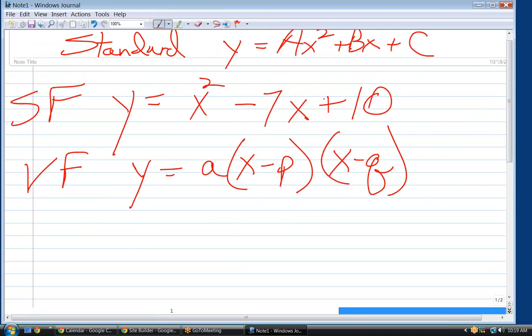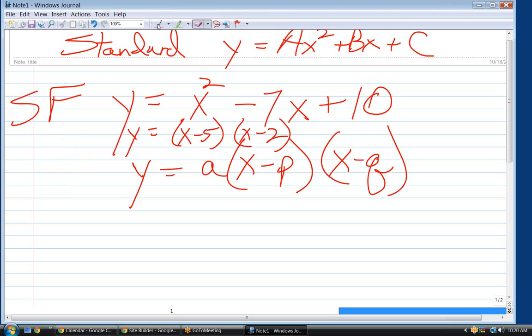In other words, if I factor that, it's x minus 5 times x minus 2. Well, guess what? That is x-intercept format.